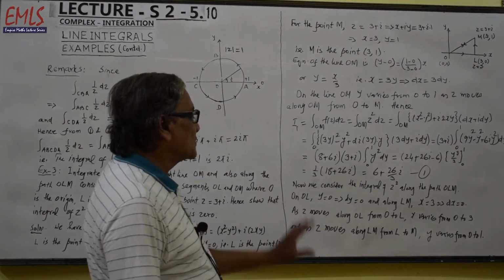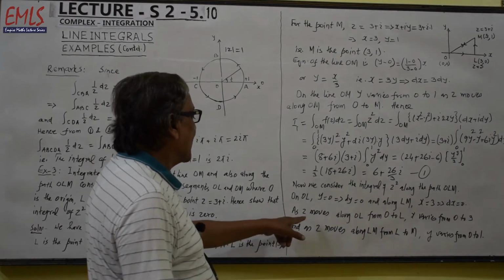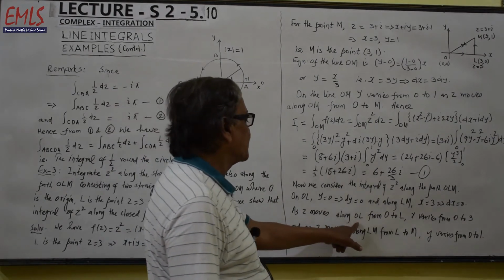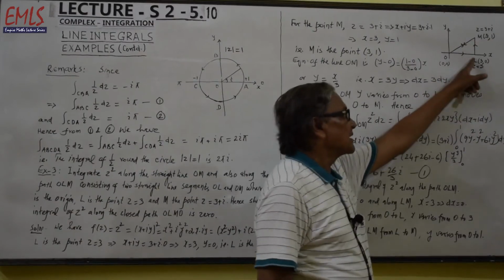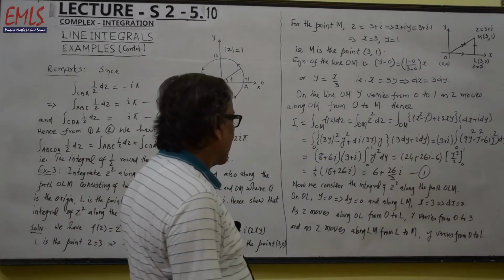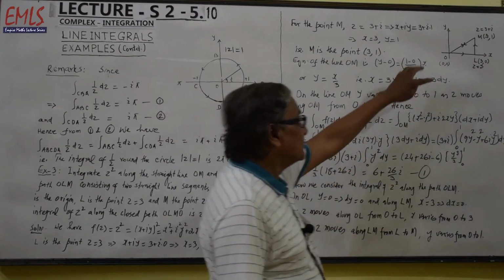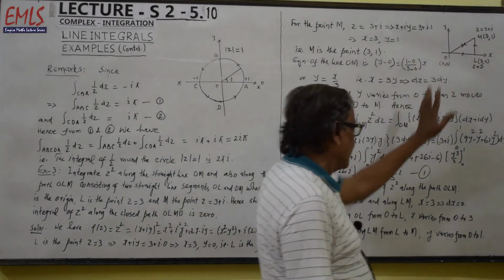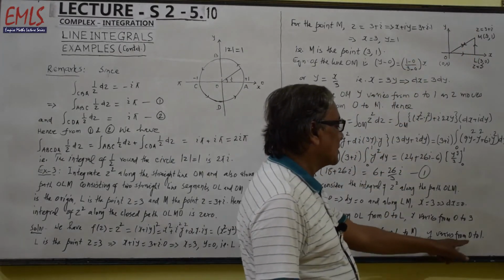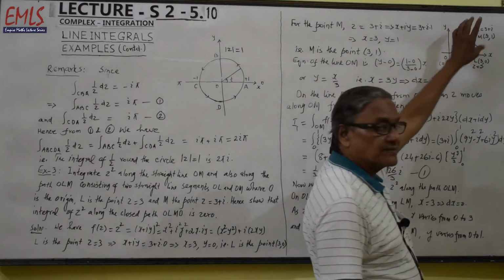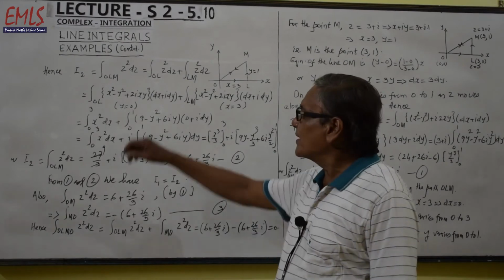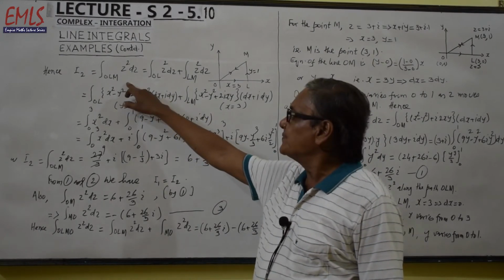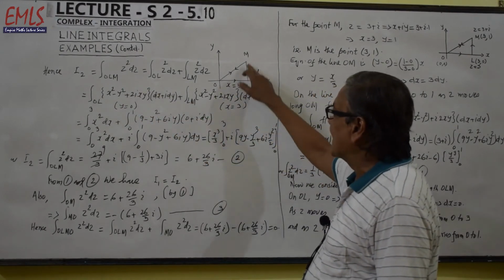Now we substitute these two values further. As z moves along OL, from O to L, x varies from 0 to 3. This length is 3. And as z moves along LM, from L to M, y varies from 0 to 1. This length is 1. Now we want to find the integral of z squared along the path OLM.